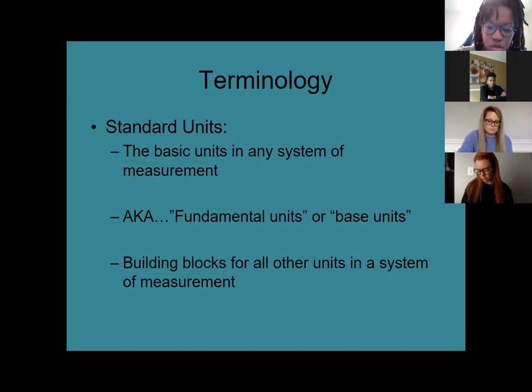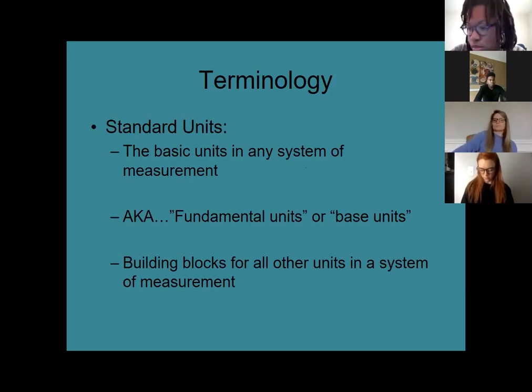Now, there are different measurement systems across the world. If you have your chart, you'll see measurement systems across the top, and you see 4 different measurement systems: the British, the Systems International, the MKS, and the CGS measurement systems. Every measurement system has what are referred to as the standard units.